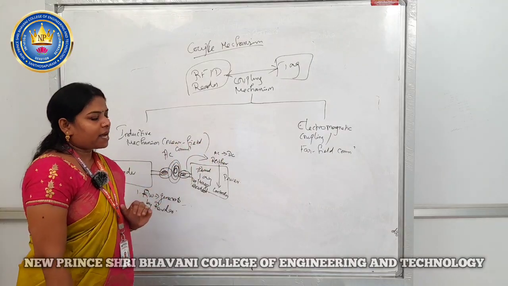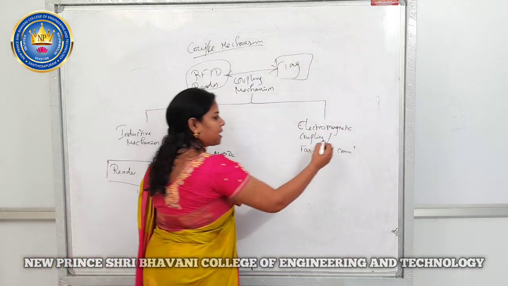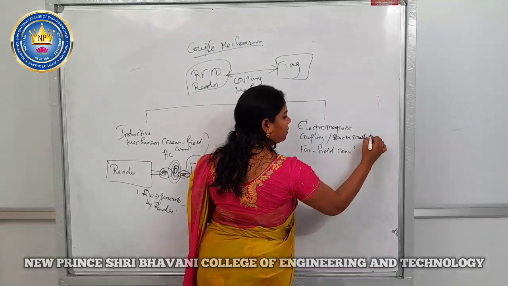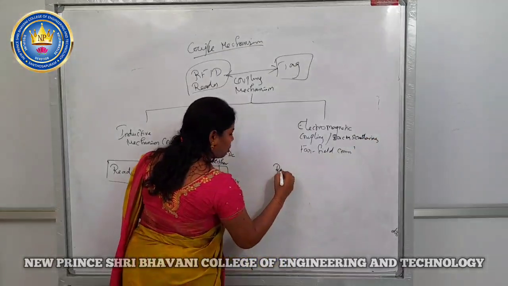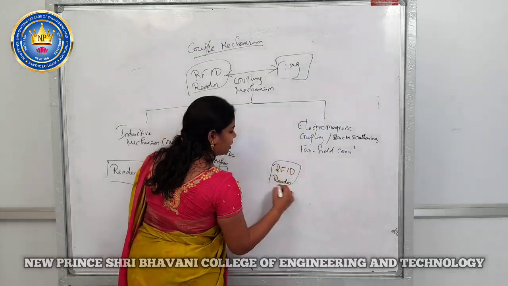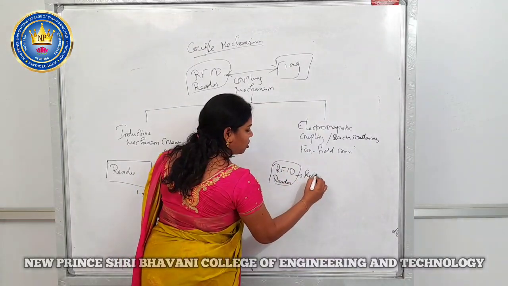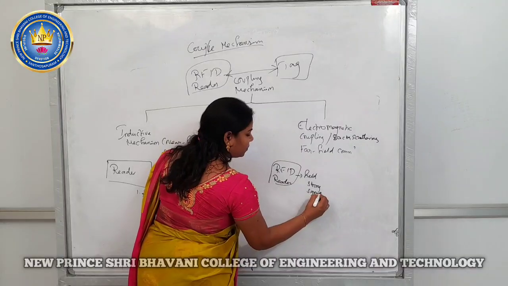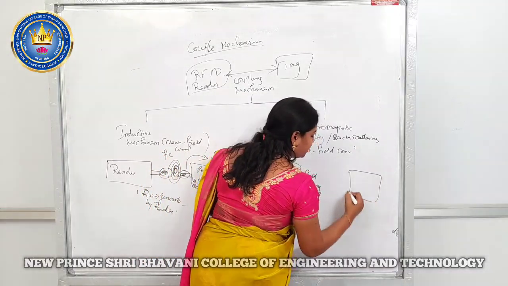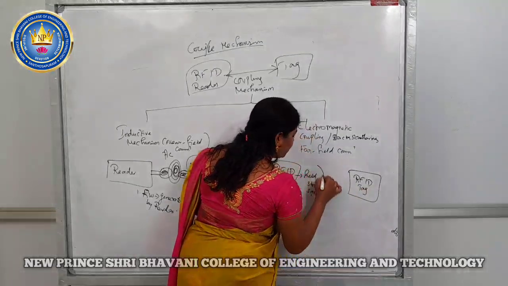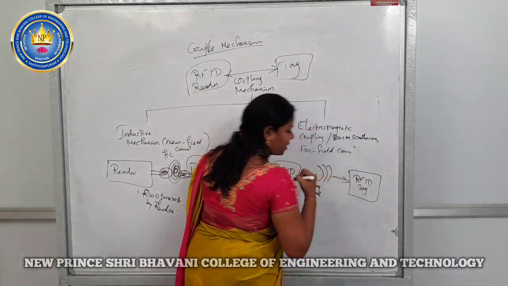Whereas electromagnetic coupling, otherwise we call it the backscattering mechanism. Here the RFID reader is the same one. The first process is that the field will be excited by the RFID reader with a strong signal, and that will be received by the RFID tag.